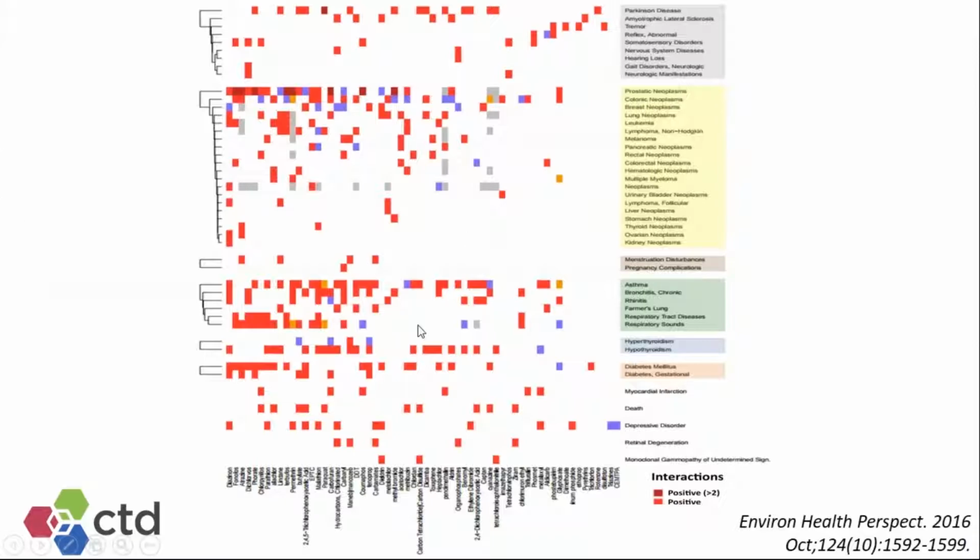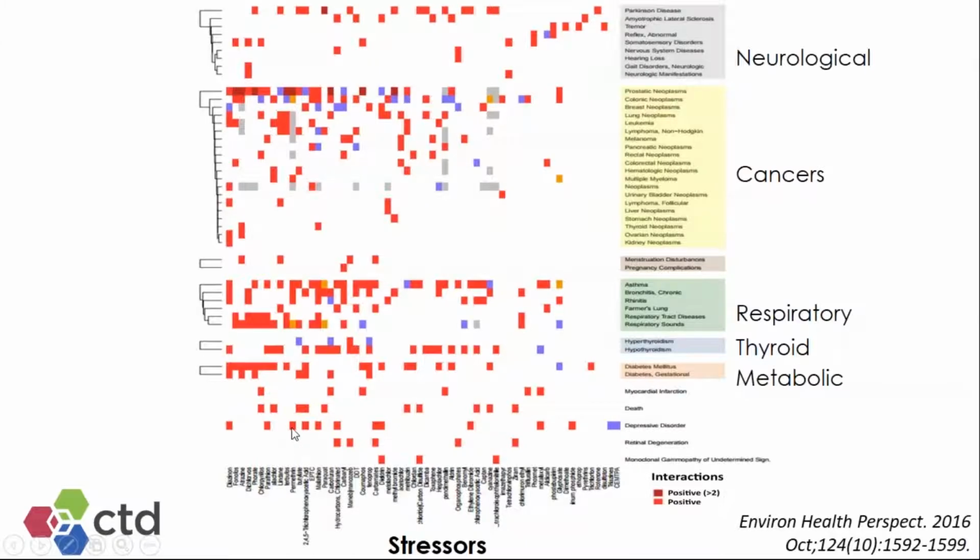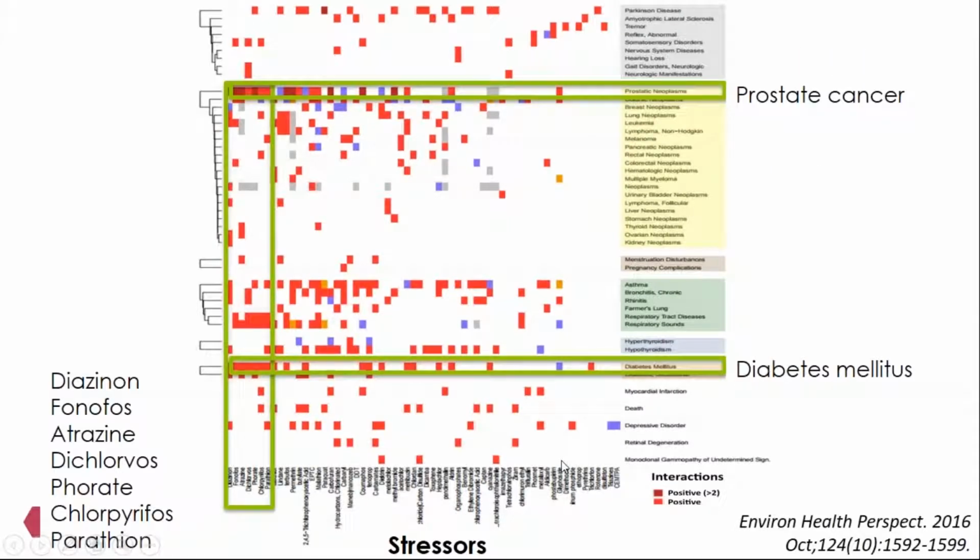What we were able to do with the data was say, here are your diseases and phenotypes. These are all the chemicals that have been measured in this study. Different studies focus on different aspects of the cohort, and then we look at what kinds of diseases are reported as having positive associations with exposures to different chemicals.